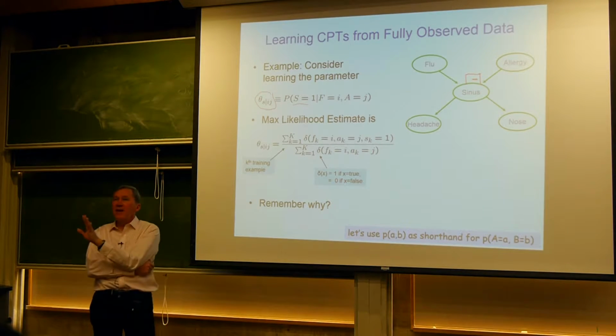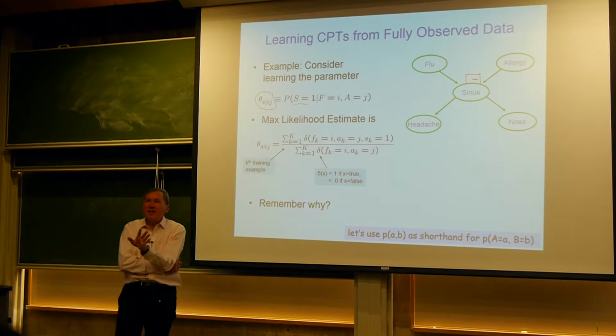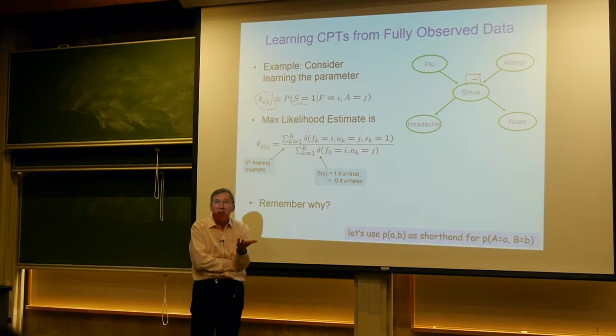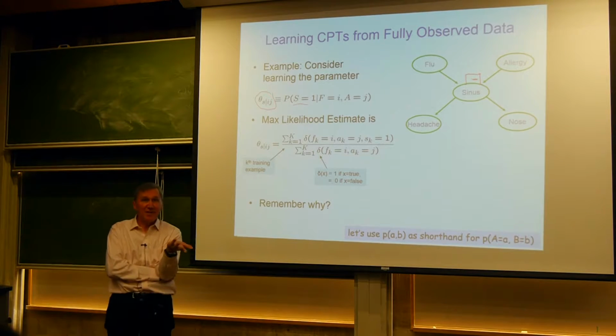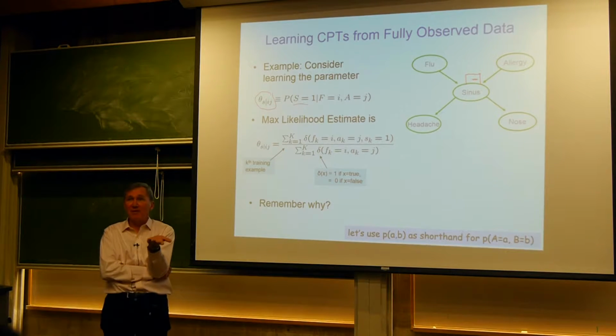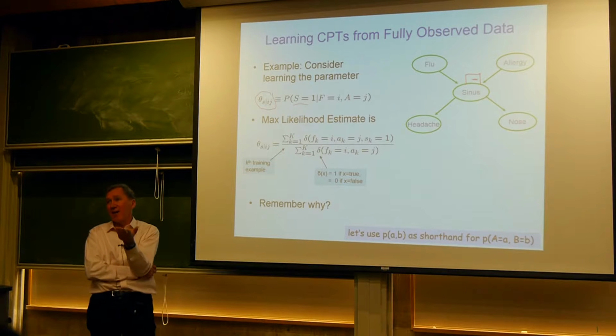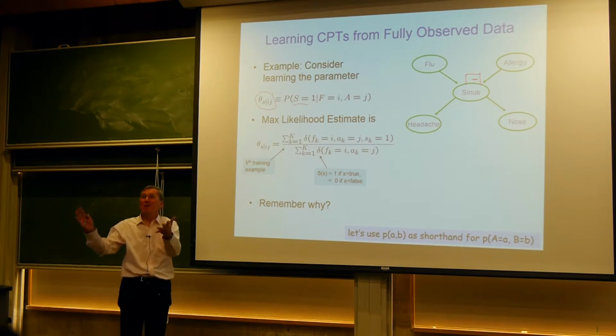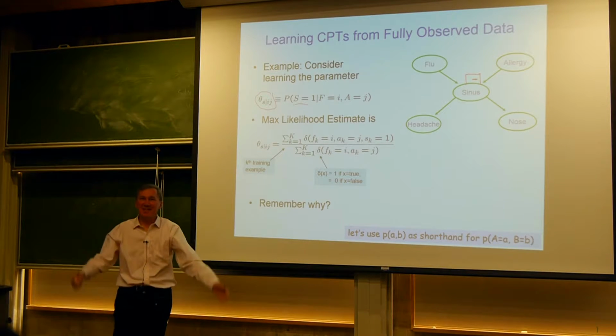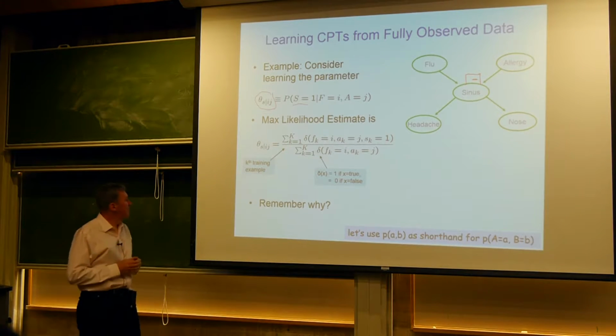And of course, if we had only a little bit of data and we wanted to put some prior on that, then we could get MAP estimates instead of maximum likelihood estimates too, right? Just like we did for the coin flip. We could put a prior on the thetas. But it reduces to a problem we've already solved lectures ago.